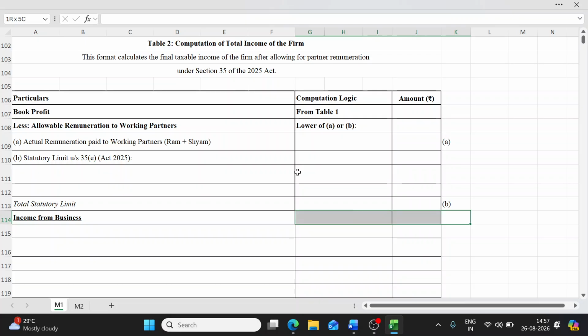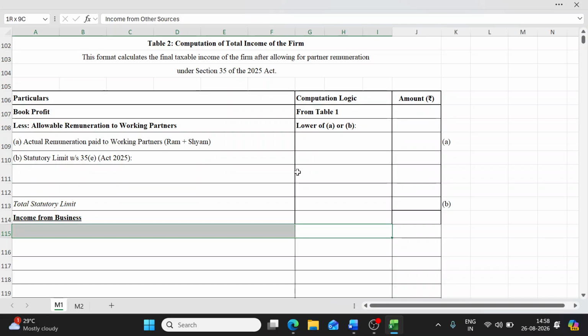First, calculate the total income from the partnership firm's business, and in that income, add income from other heads of income. Like if it has income from house property, then add. If it has income from other sources, then add. If it has income from capital gains, then add.